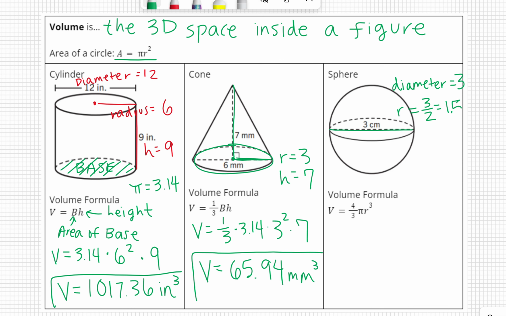Let's put that into our formula. Volume equals 4/3. So in your calculator, you can do 4/3 by doing 4 divided by 3 times pi. For pi, we're going to use 3.14 times our radius, which is 1.5, to the third power.